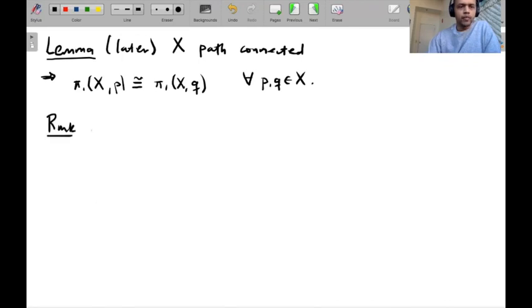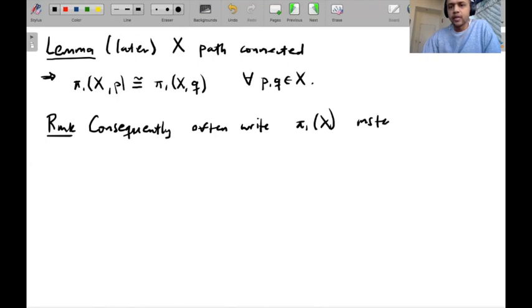Consequently, we often write pi1 of X instead of pi1 of X based at P. Sometimes we'll drop the base point from the notation, even though it's important for the definition of the fundamental group. These are loops based at some point. But since the point doesn't determine the isomorphism type, it's not totally unreasonable to use this notation.